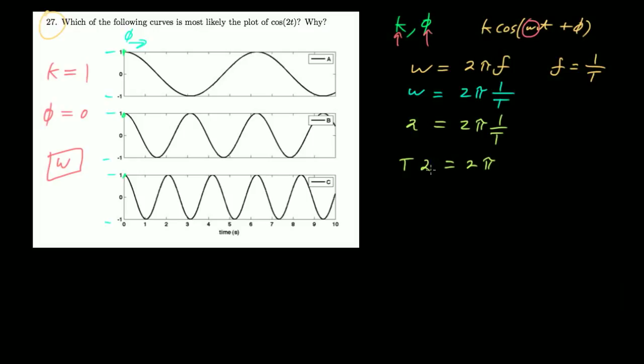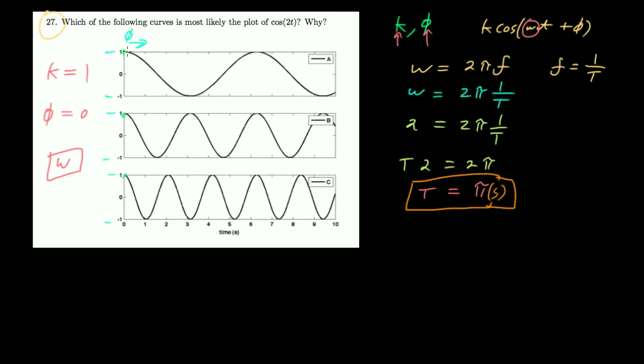Dividing both sides by 2, I get T is equal to pi. So if I find a cosine that repeats every pi seconds, I'll find the right cosine.